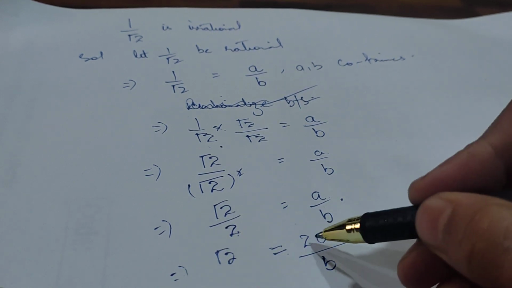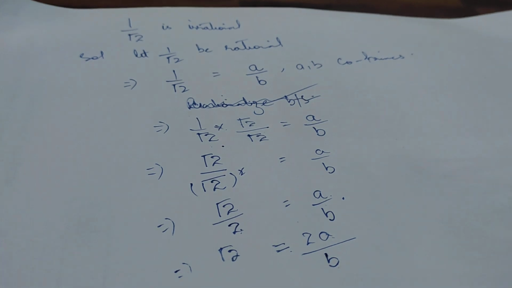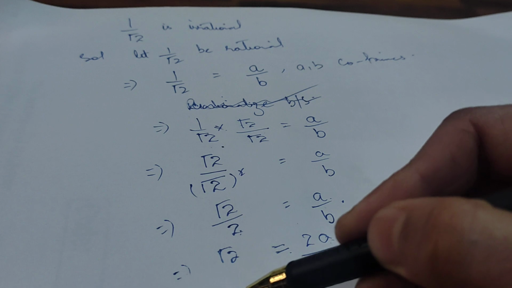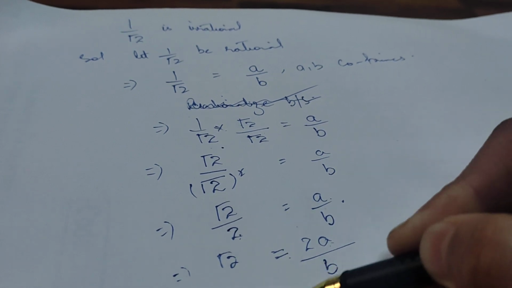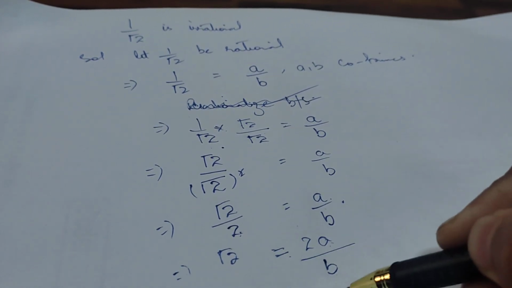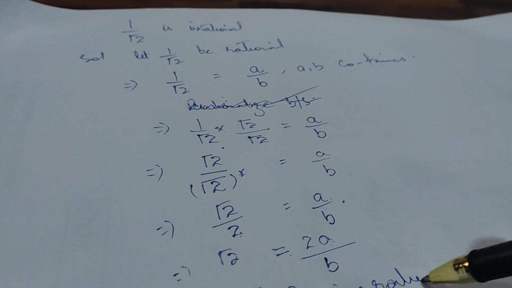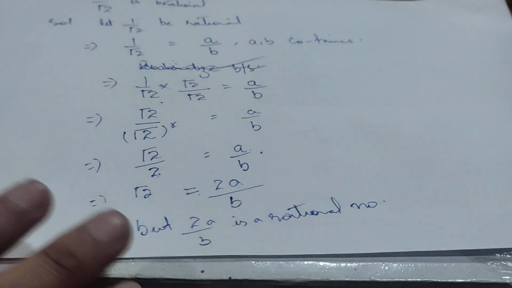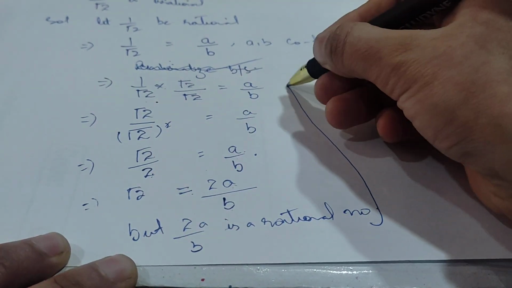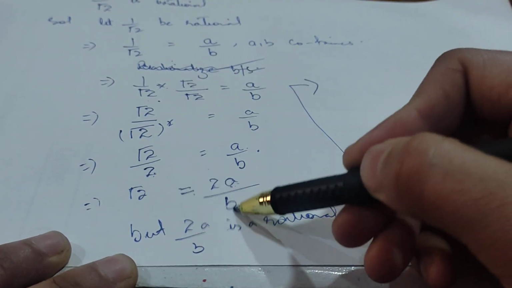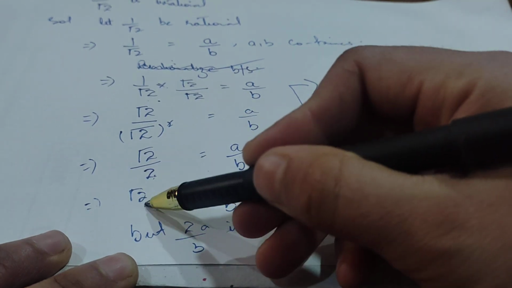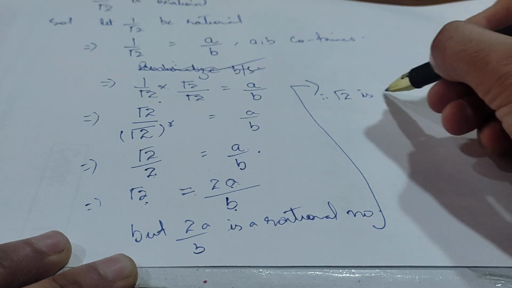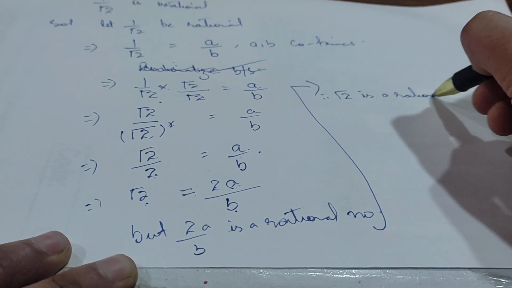But we know that 2a by b forms a rational number. Which implies that under root 2 is also a rational number.